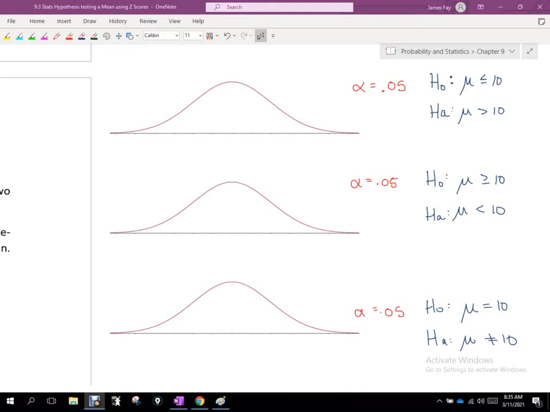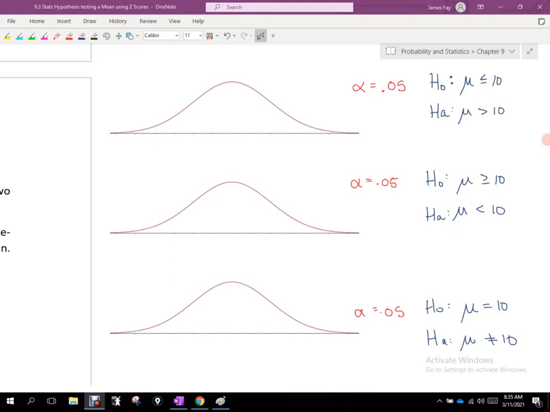I've got 3 normal distribution curves to show you what this alpha does and how we go about conducting the actual test part of hypothesis testing.